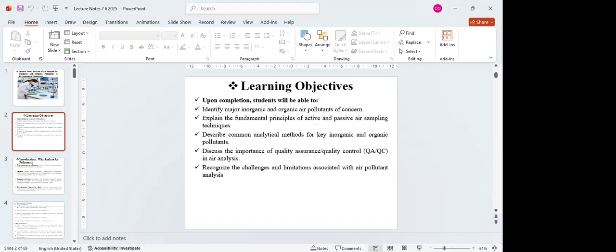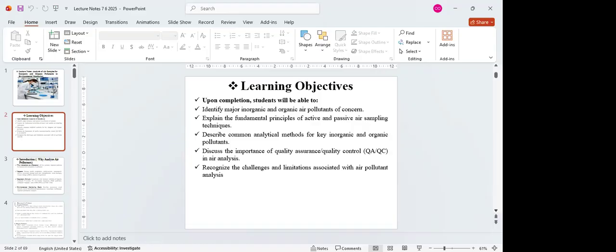We also have this objective of making you able to explain the fundamental principles of active and passive air sampling techniques. There are two major ones: active and passive. Passive in the sense that they may not be a direct impacted sampling process, but they are also part of sampling. Then we should also be able to get you to describe common analytical methods for key inorganic and organic pollutants.